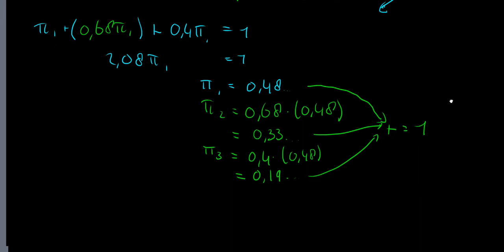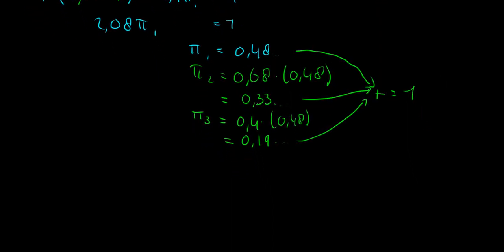We have found a stationary distribution for the following values. Our stationary distribution, pi, is equal to 0.48, 0.33, and 0.19, approximately.